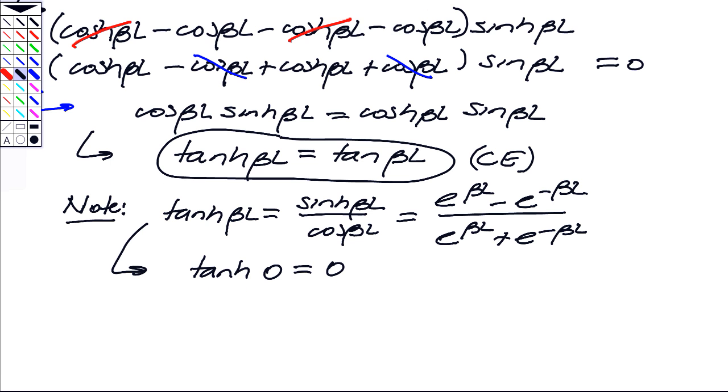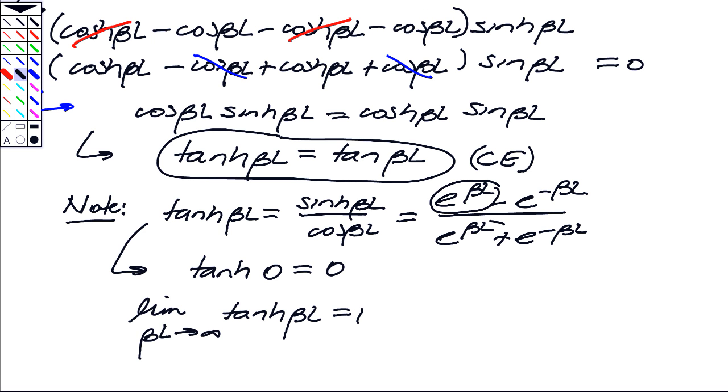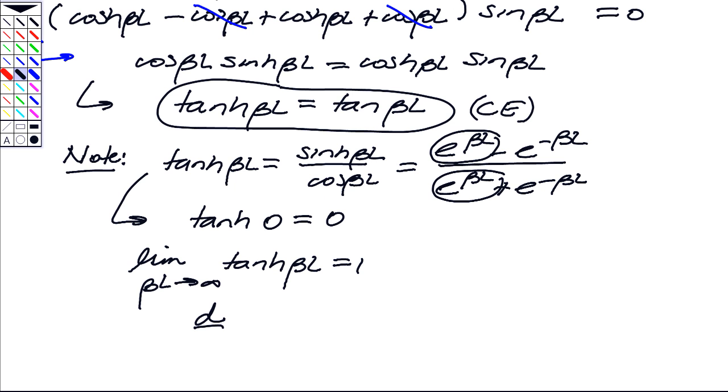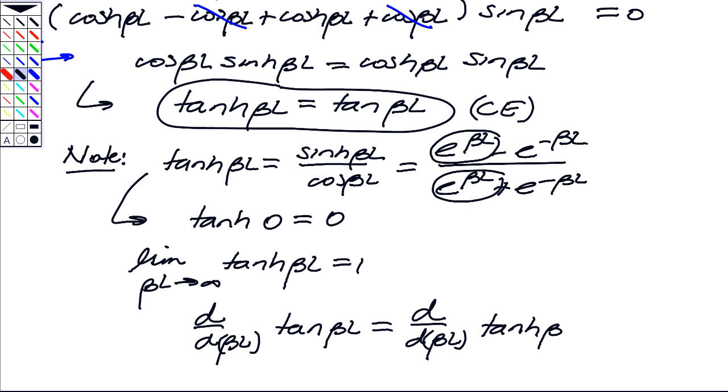That's easy to see because the top two terms cancel each other out. The limit on the other side, when beta L becomes large, of tanh beta L is 1. Because when beta L becomes large, it becomes the exponential divided by the exponential. So that's 1. And we can also say that the derivative with respect to beta L of tan beta L is the same as the derivative of hyperbolic tan with respect to that.